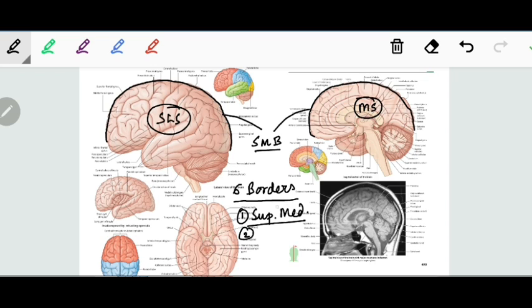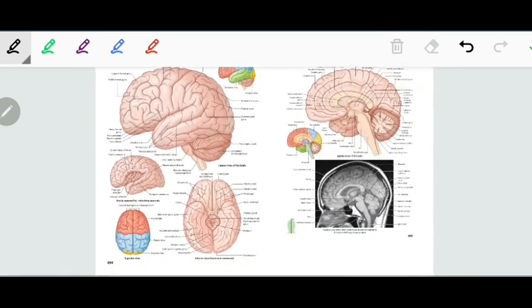Next is the inferolateral border. It separates the superolateral surface from the orbital and tentorial surfaces. That is the outline of the inferolateral border.